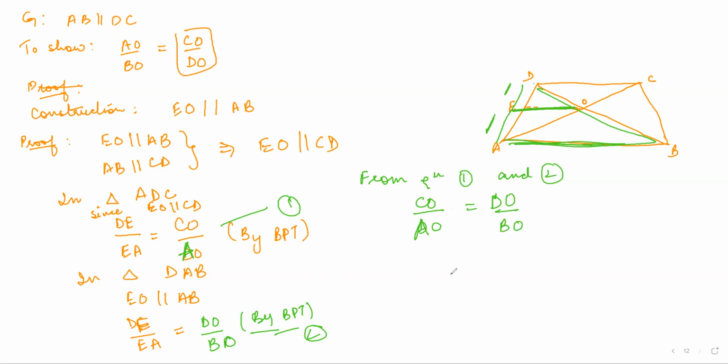Now just see what you have to show. Look here. So you have to show AO upon BO. So you can first of all do cross multiplication. You can take BO this side. Can I write it like CO into BO divided by AO is equal to DO? Yes. And I can bring this CO here in the denominator.